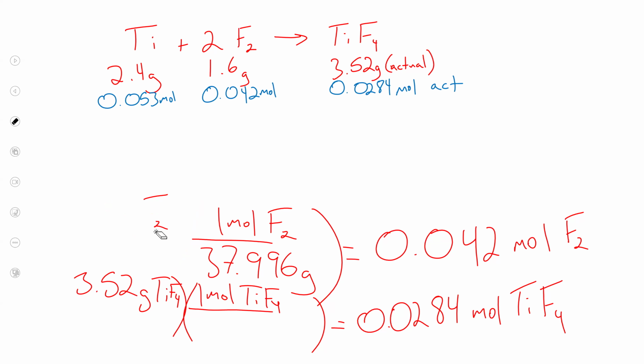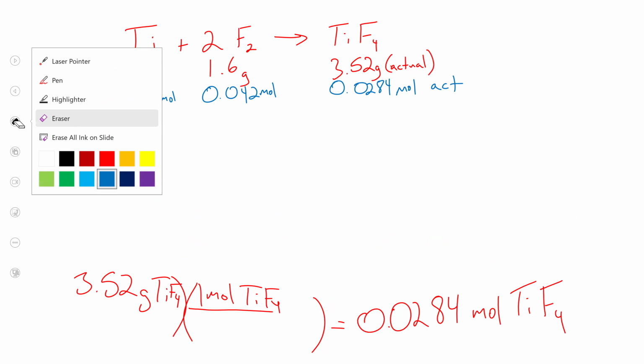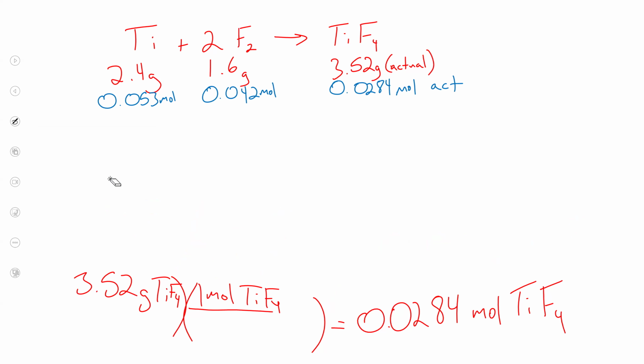But in the interest of practicing our new skills, and since we have to get the theoretical yield anyway, pick the one you think is gonna run out first, and use that to find your theoretical yield.